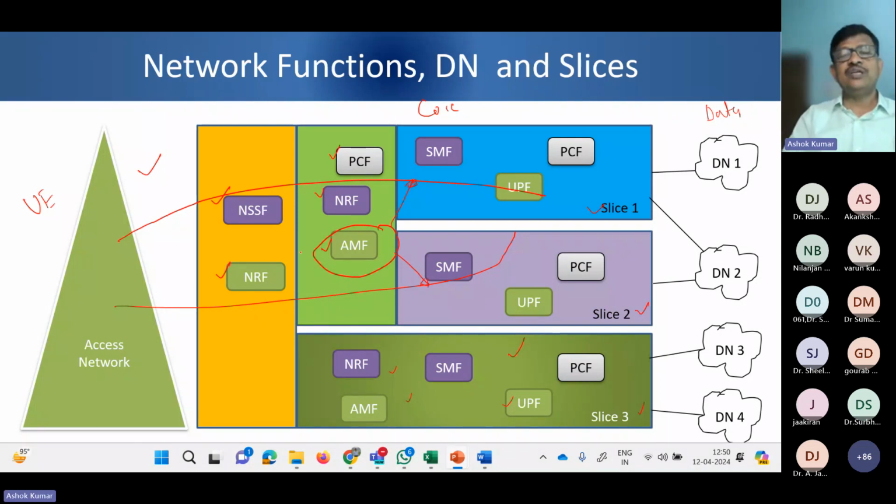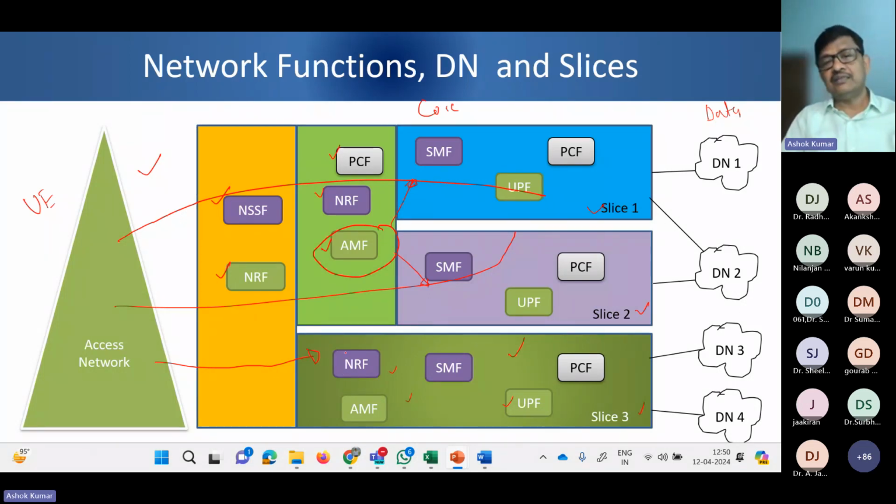So AMF has to be common when a user equipment is trying to access more than one slice. And at that point of time, when the UE is accessing slice 1 and slice 2, it cannot access slice 3 because for slice 3, the AMF is different.